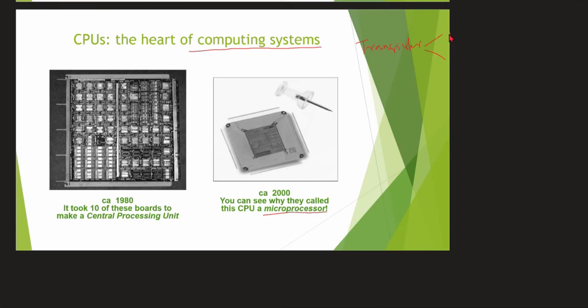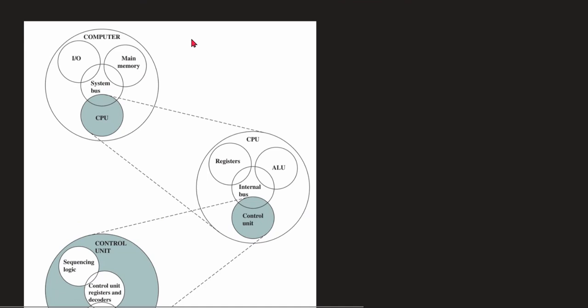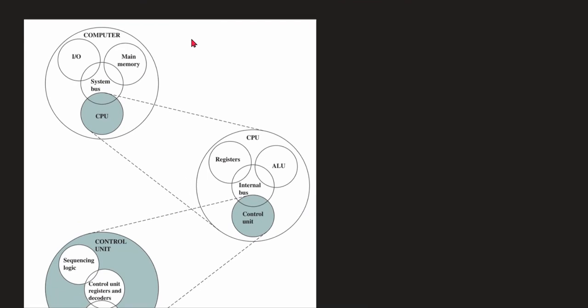Transistors are like BJTs and MOSFETs, which we most frequently use. So these transistors constitute the microprocessors or processors basically. Processors are considered to be the heart of the computer system because it is the one doing all the processing.